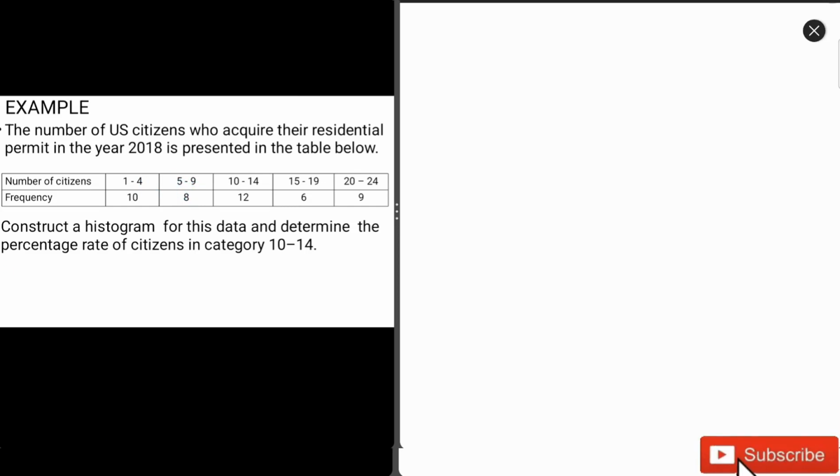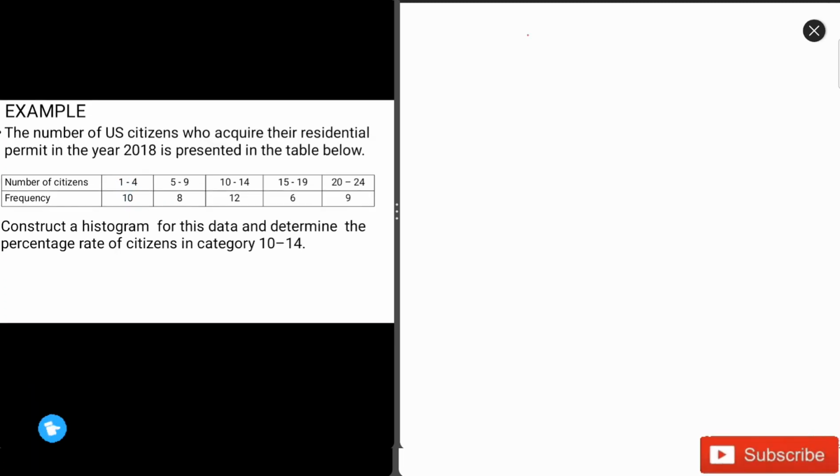The result you get, divide by 2, and after that you add the result to the upper class limit of a particular class, and then subtract it from the lower class limit of a particular class interval. That's how it should be.